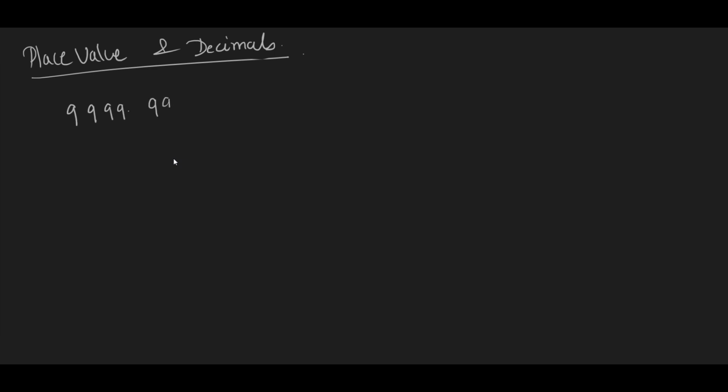Now, children, we have place value and decimals. Suppose, children, you have a number, like in your text you have given, 9999.999.